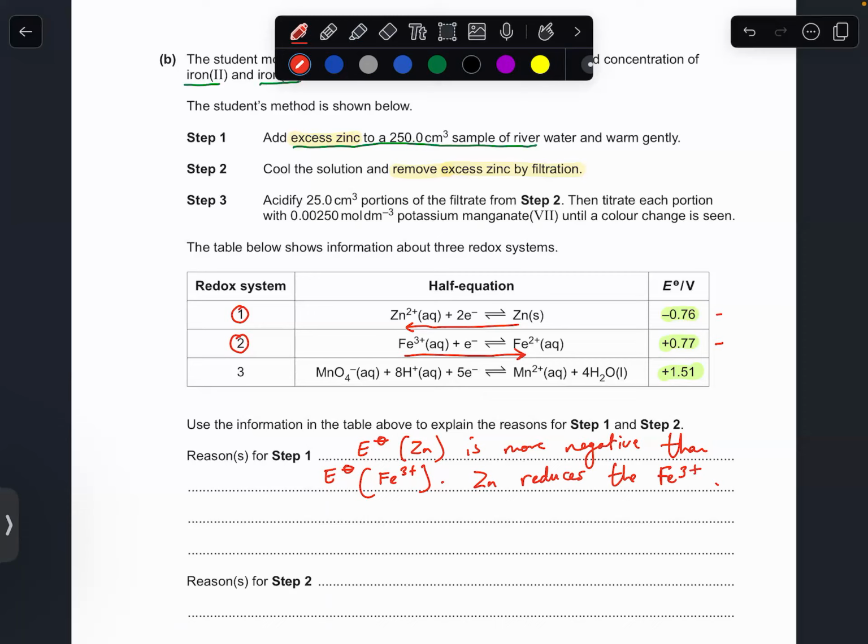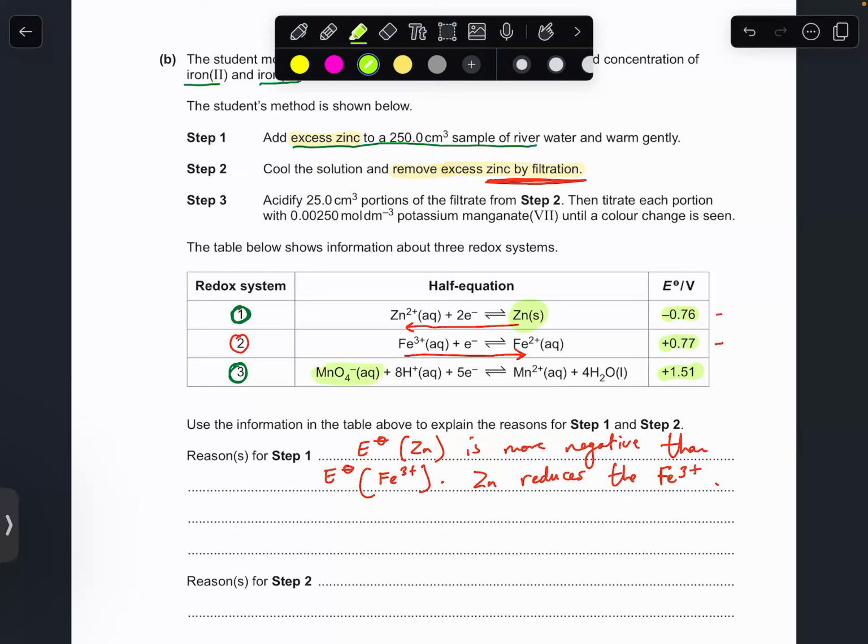Now, these are the 2 points. For why is the excess zinc removed before the titration? For this, we need to compare redox system 1 and redox system 3. Because if we do not remove the zinc, the zinc electrode potential is more negative than the manganate redox system.